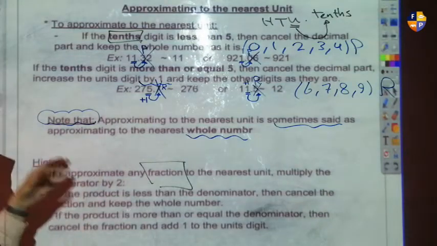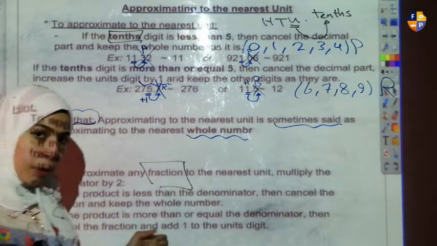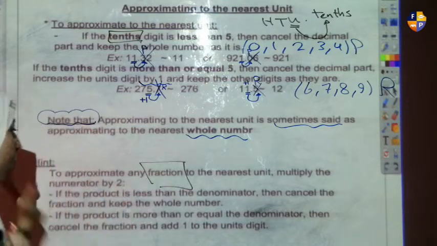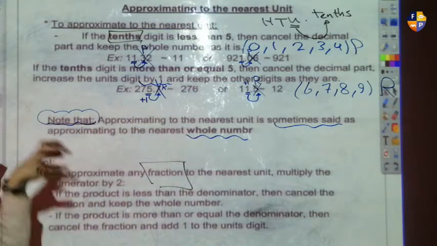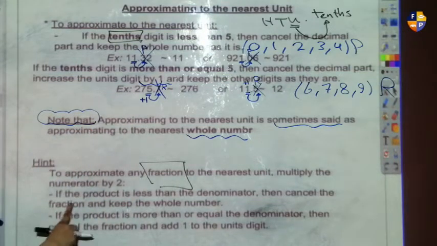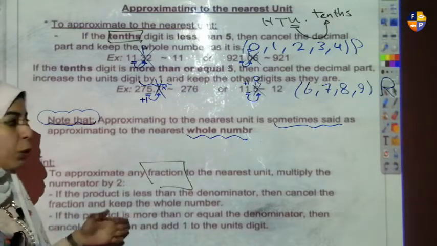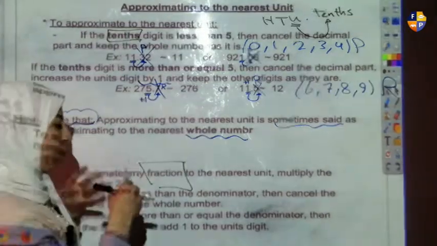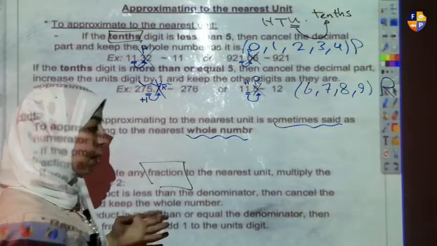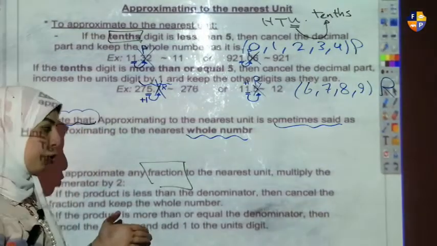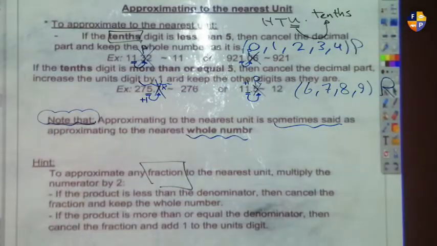If the product was less than the denominator, this fraction is poor. I will cross it and keep the whole number as it is. And if the product is greater than or equal to the denominator, we will consider it a rich fraction, and I will cross it and add 1 to units.